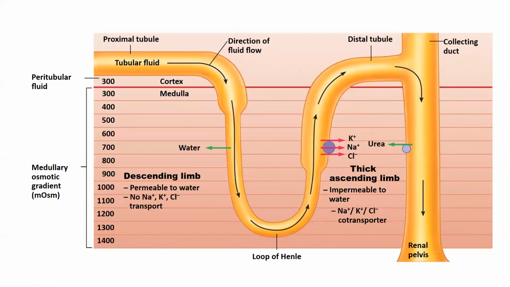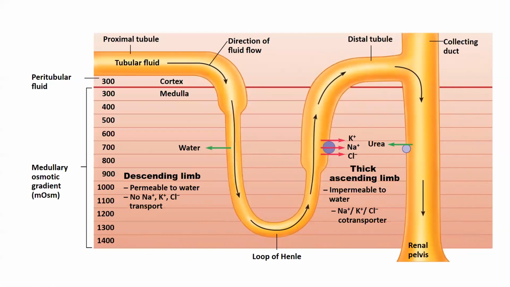Alrighty? Now, what we want to understand here is this movement is important in establishing the other side. Okay, this is where it sort of gets tricky. The movement of sodium, chloride and potassium on one side is directly responsible for the movement of water on the other side.